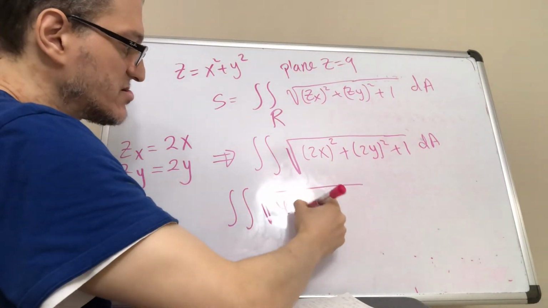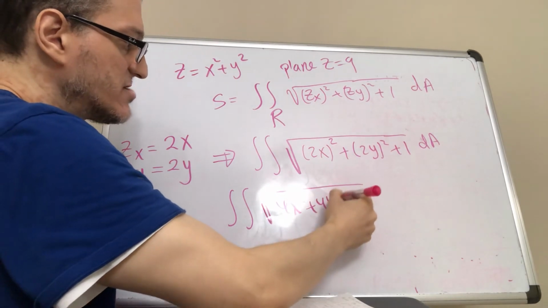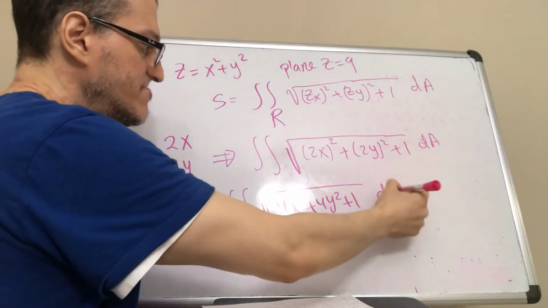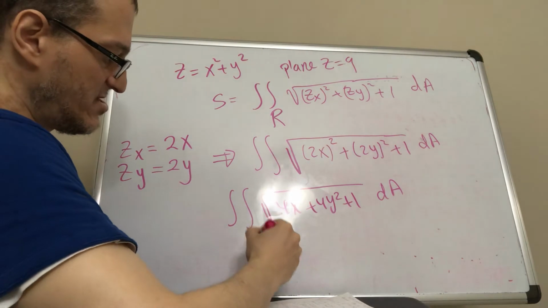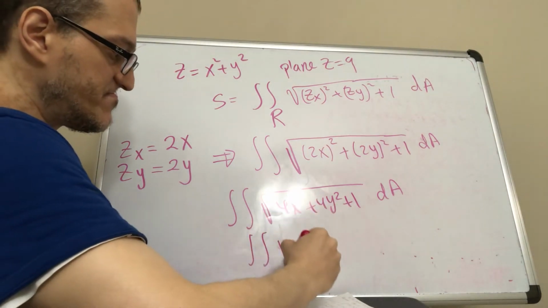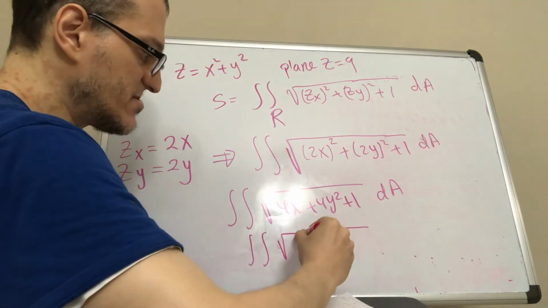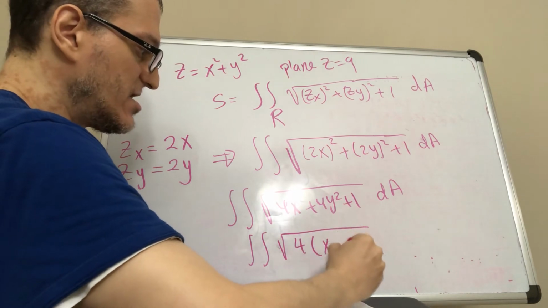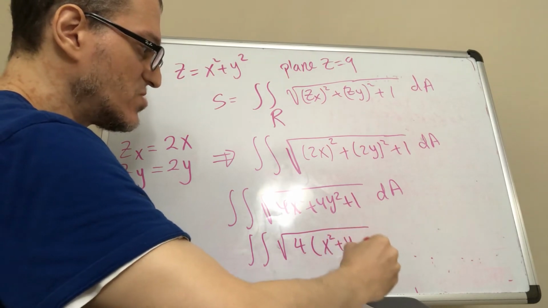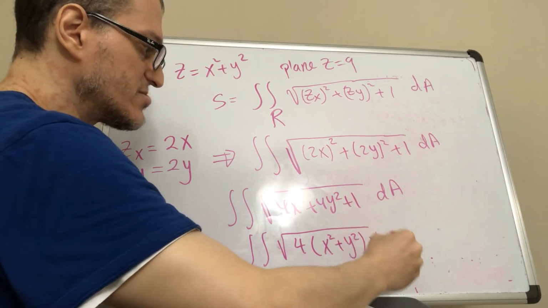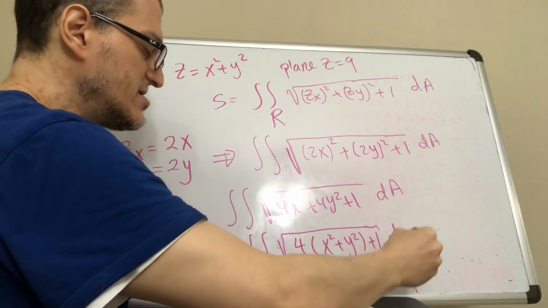This is 4x squared plus 4y squared plus 1 dA. And if I take 4 as a common factor, I have 4 times x squared plus y squared, plus 1, and dA.